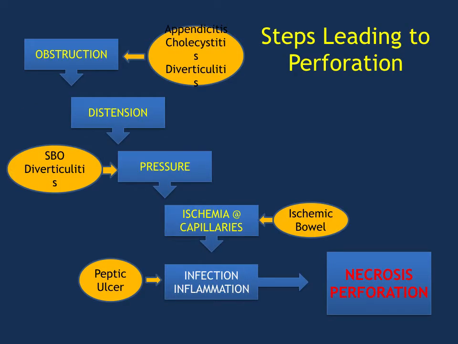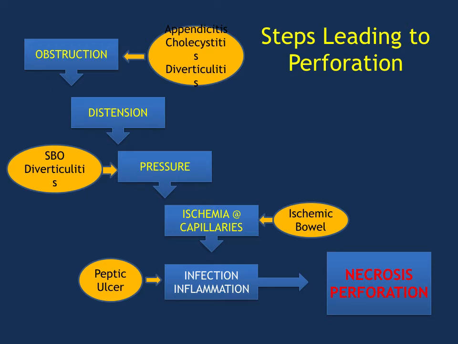Let's start by reviewing the most common causes of perforation in the abdomen and the steps that lead to perforation in these disease processes. Perforated acute appendicitis, diverticulitis, and cholecystitis develop from obstruction of a blind end luminal structure that creates a compartment-like syndrome where there is compromised perfusion at the level of the capillary and the venous outflow.